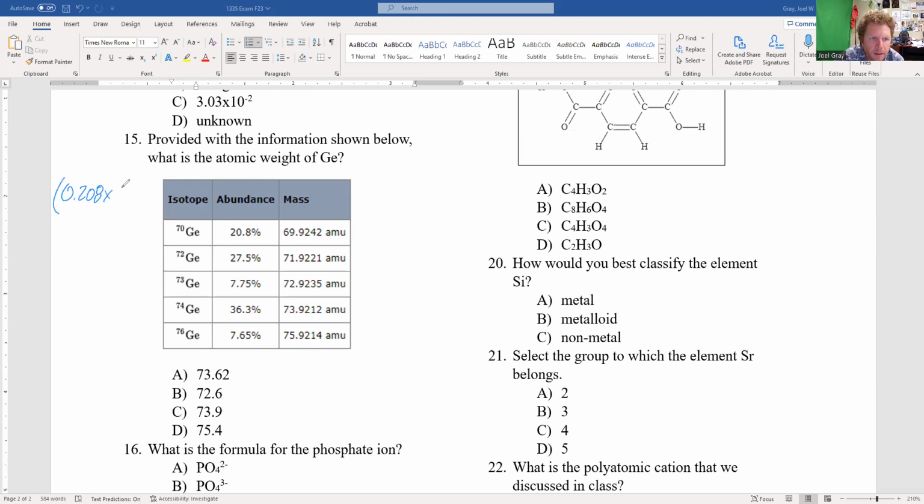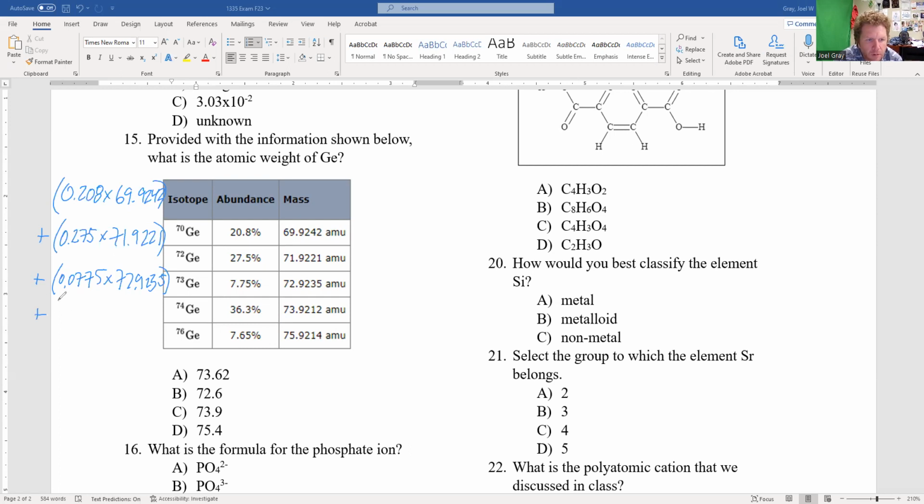Multiply that by 69.9242. Add to that 0.275 times 71.9221. Add to that 0.0775 times 72.9235.